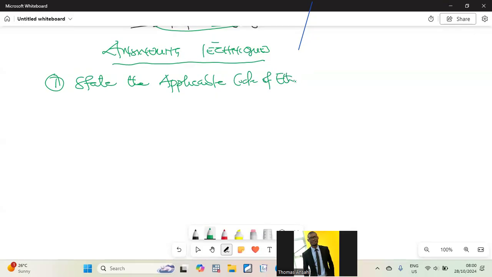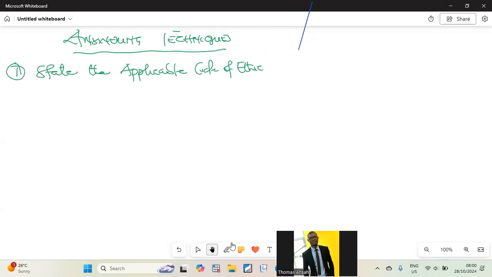So, for example, you have read the question and you find out that this one is about integrity. You have seen issues of integrity or potential issues of integrity. Then you write integrity. That is it. Step 2, quote from the question.